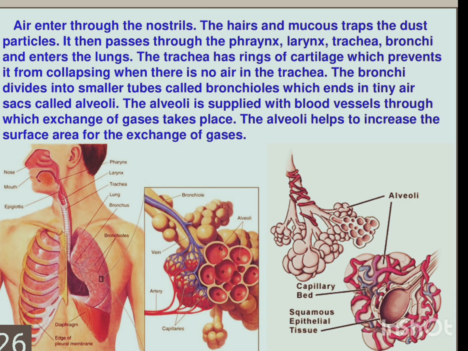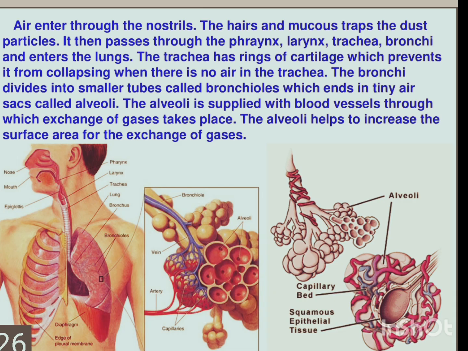The trachea has rings of cartilage which prevent it from collapsing when there is no air in the trachea. Then bronchi divide into smaller tubes called bronchioles which end in tiny air sacs called alveoli. The alveoli are supplied with blood vessels through which exchange of gases takes place. The alveoli help to increase the surface area for the exchange of gases.